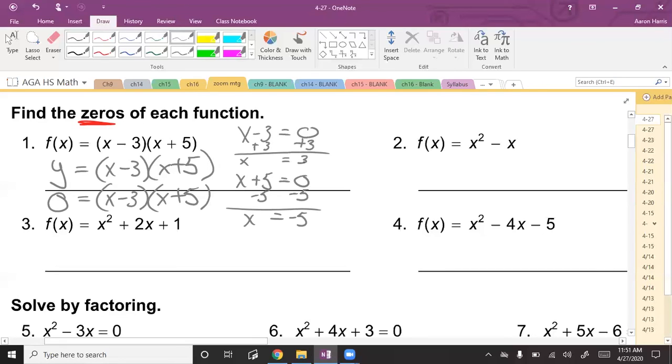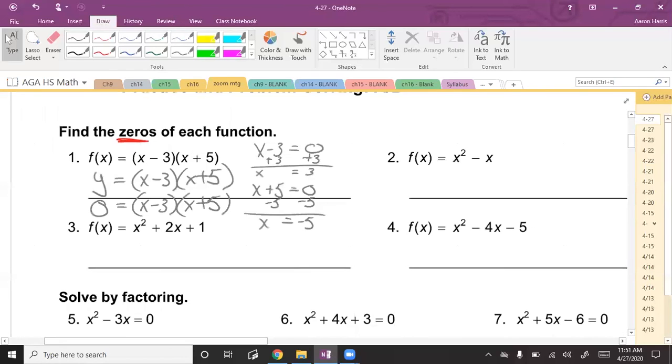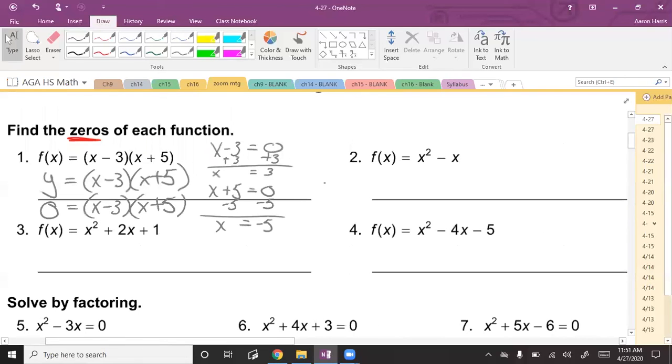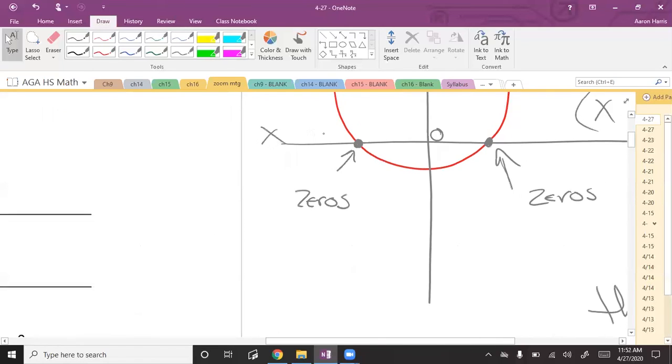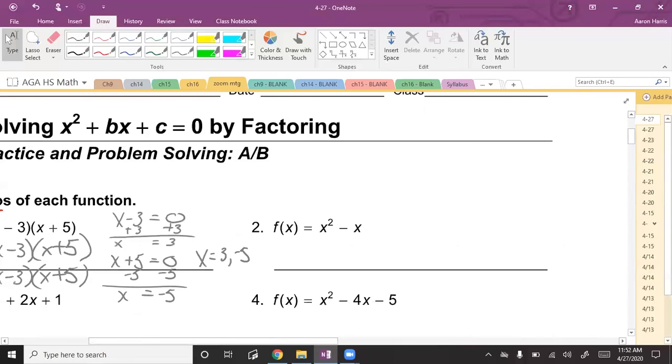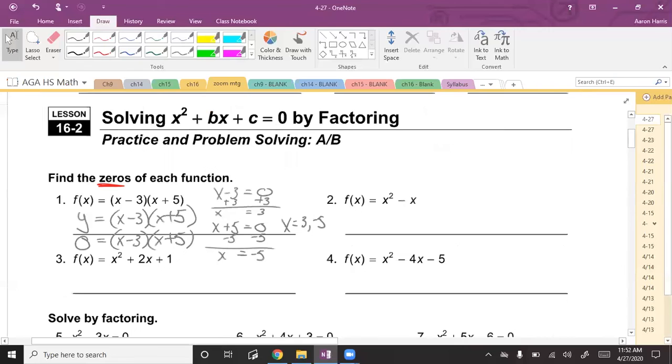So watch what happens. Let's prove this. My answer right there is x is equal to a positive 3 and a negative 5. So I can have two different pairs. Over here, that would be negative 5, 0 and 3, 0. All right. So now, let me prove that to you. Let's substitute in 3.